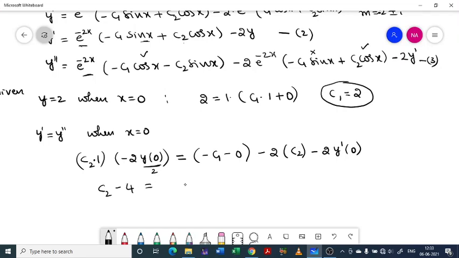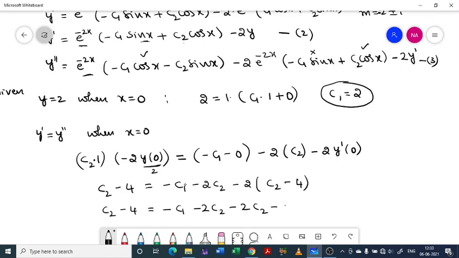c2 minus 4 equal to minus c1 minus 2c2, minus 2 into y of 0 is c2 minus 4. So c2 minus 4 equal to minus c1 minus 2c2, again minus 2c2 minus c2, plus 8.